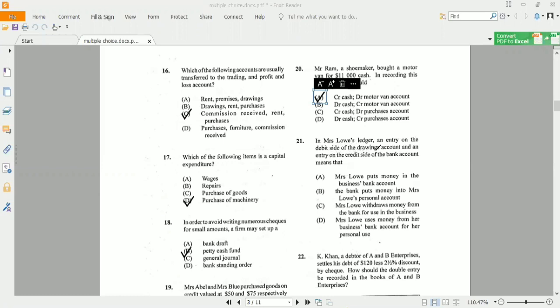21. In Mrs. Lowe's ledger, an entry on the debit side of the drawings account and an entry on the credit side of the bank account means, so they're saying for a transaction, the drawings account was debited and the bank account was credited. Why would we end up debiting the drawings account and crediting the bank account? Why?